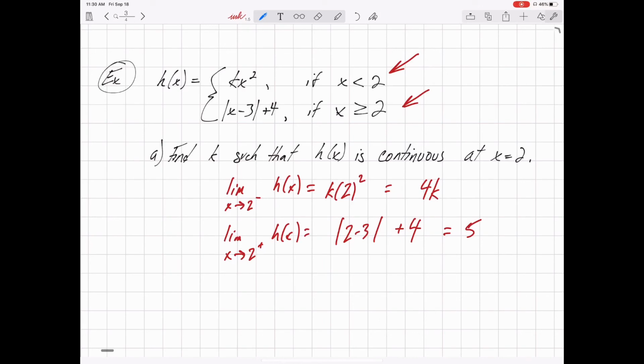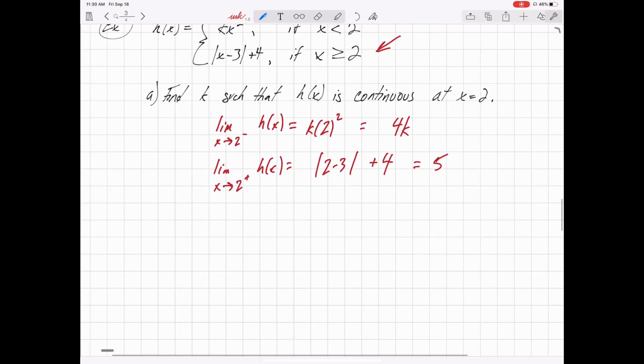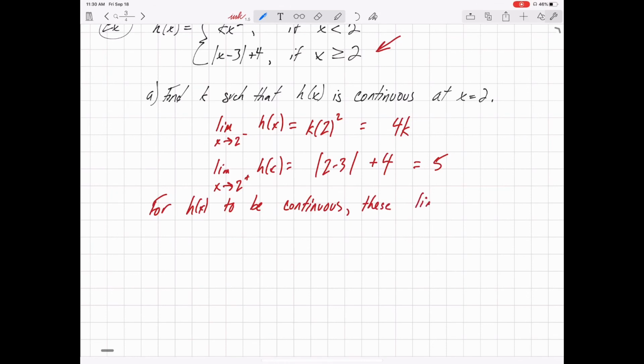Again, I'll write this in words. For h of x to be continuous, these limits must be equal. So we just take 4k and set it equal to 5 and solve for k.